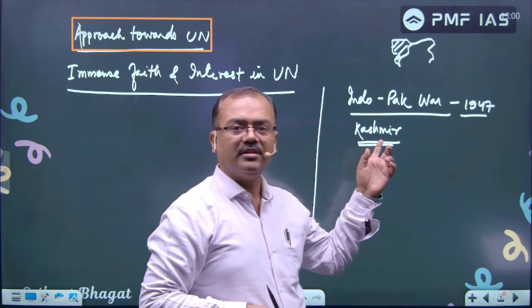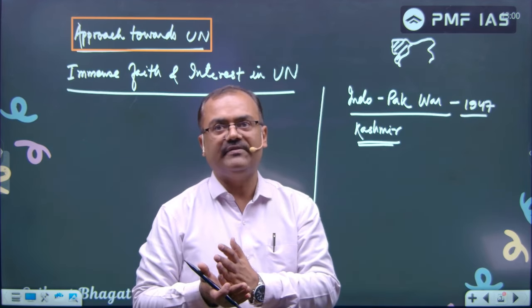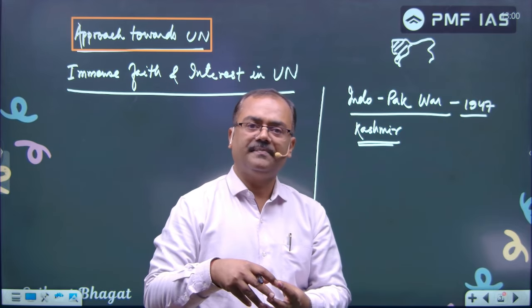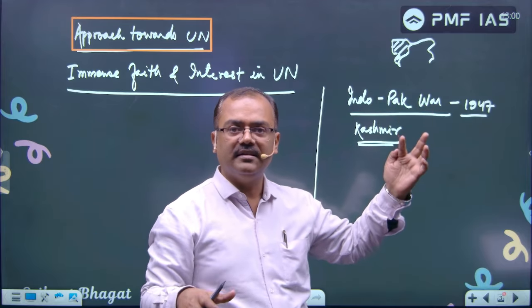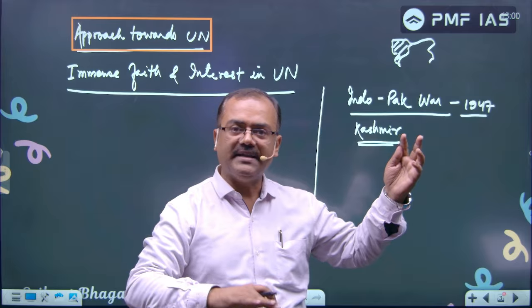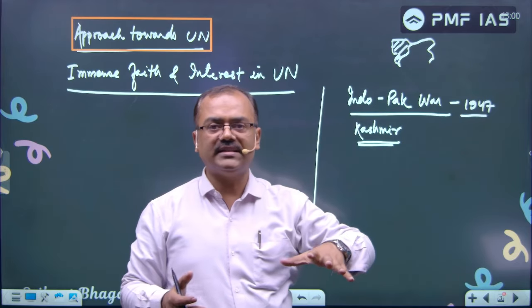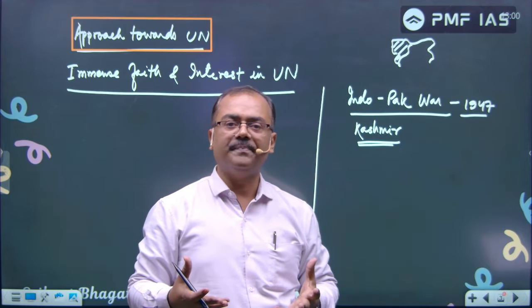Now Nehru did what? Nehru had faith in UN, why I will discuss. Nehru knew that UN will intervene, UN will try to settle it. The instrument of accession, our partition's conditions, say that this territory will also be India's territory because this is part of Kashmir's kingdom.